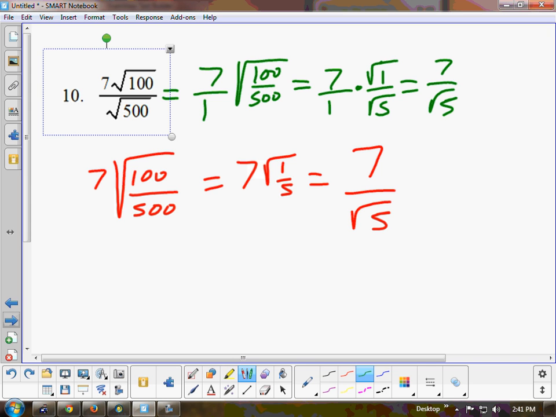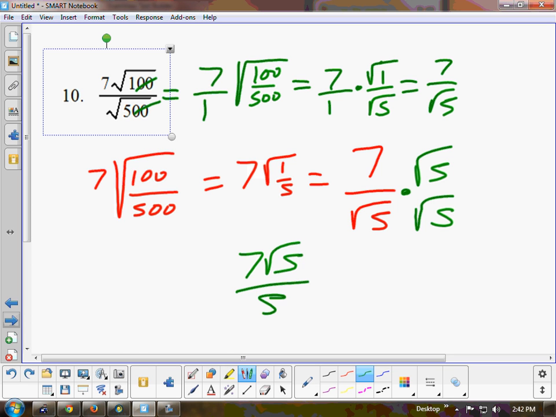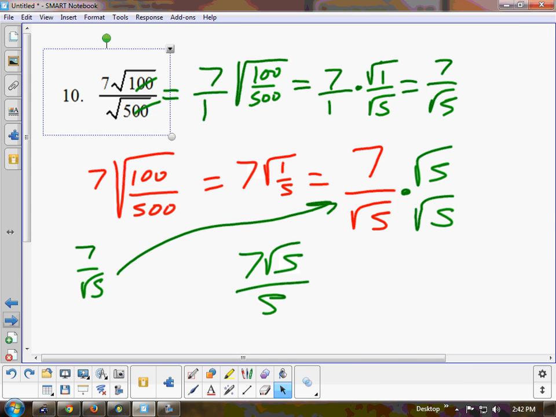Either way, you got to rationalize 7 over radical 5. You multiply the top and bottom by radical 5. That turns into 7 square roots of 5 over 5, and that's as far as you can go. So reduce this. Reduce the 1s. The square root of 1 is 1. That turns into 7 over radical 5, and then rationalize your denominator.